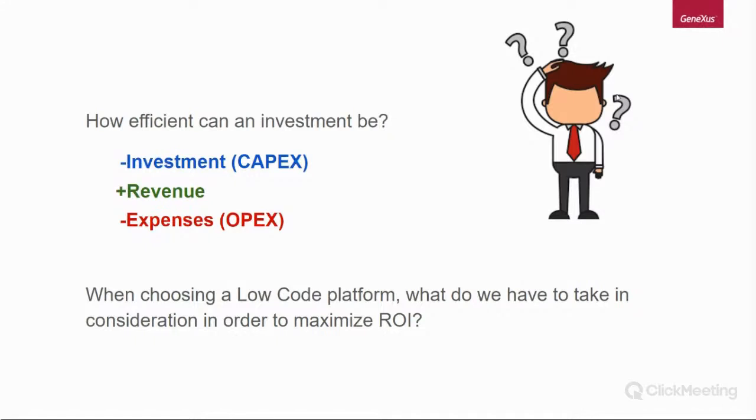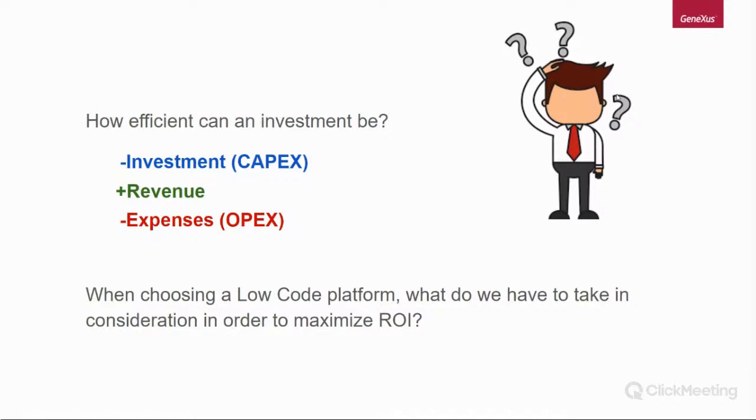So the safest approach in order to maximize ROI when choosing a low-code platform is to have all of the information in advance regarding the initial investment that we need to take care of, and all of the expenses that we may incur at any given point in the future.